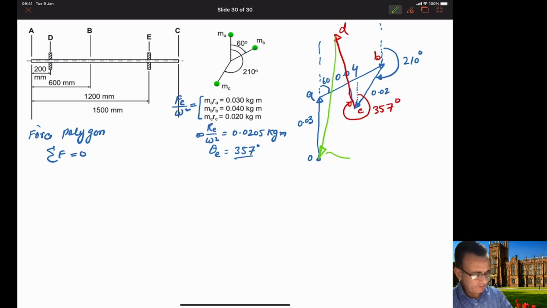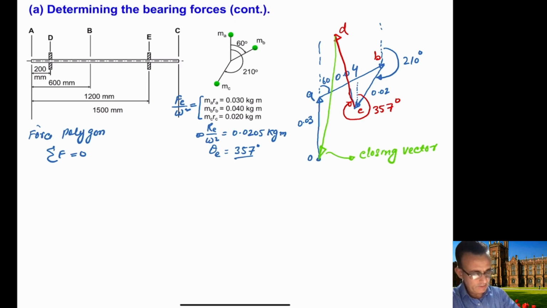This is the closing vector, and this closing vector should close the polygon, so that means that the resultant is equal to 0. And this will provide you with the magnitude of RD.